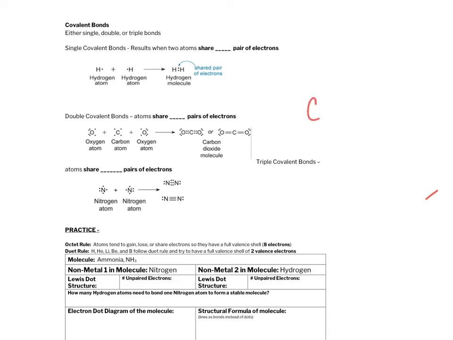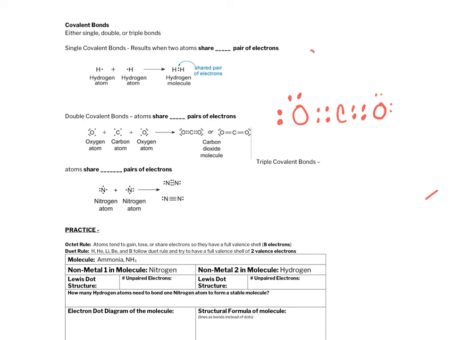Let me draw it with dots first here. We have the carbon double bonded to an O, which has some lone pairs, double bonded to an O with a couple lone pairs. All right, a double bond, 2 shared pairs between them. That's your carbon dioxide molecule.